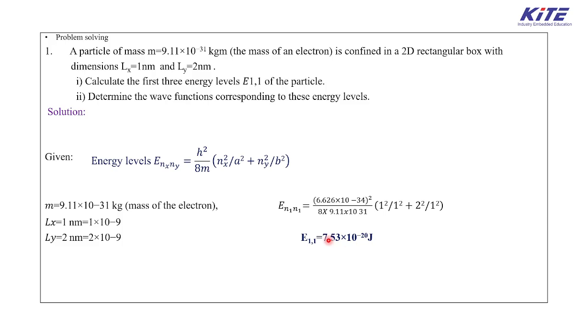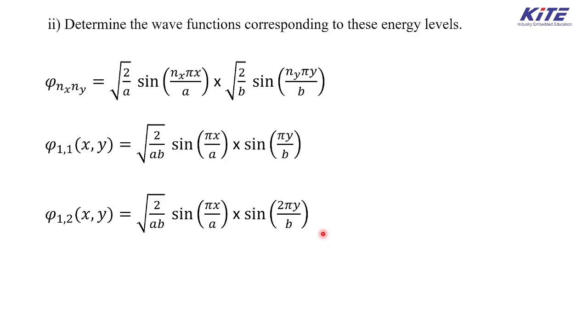Second one, determine the wave functions corresponding to these energy levels. This is the wave function formula: psi of nx ny is equal to root 2 by a sine nx pi x divided by a, into root 2 by b sine ny pi y divided by b. So we already know the values of a and nx.